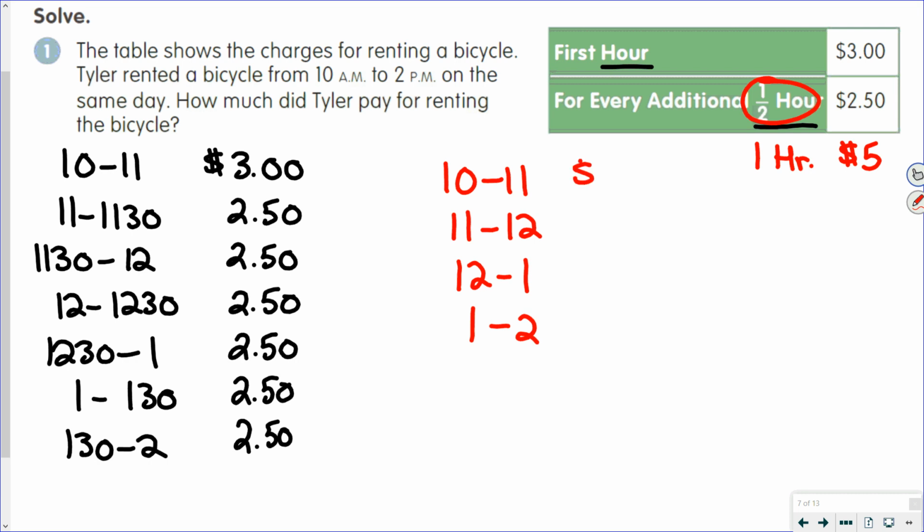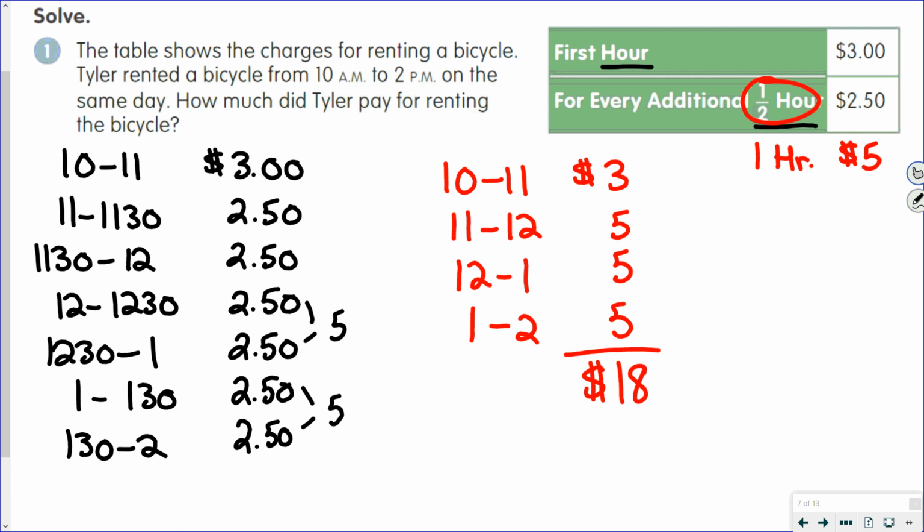So the first hour is $3, and then it's $5 after that. Well, 3 5s is 15, plus 3 is $18. And if you did it this way, these two would give you 5, these two would give you 5, these two would give you 5, and we have our 3 for a total here of $18 as well.